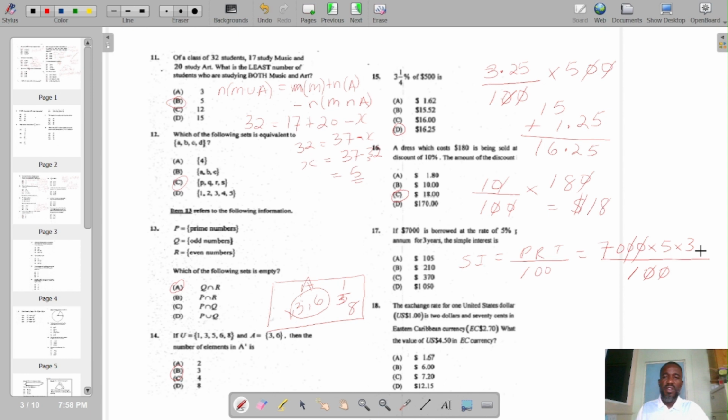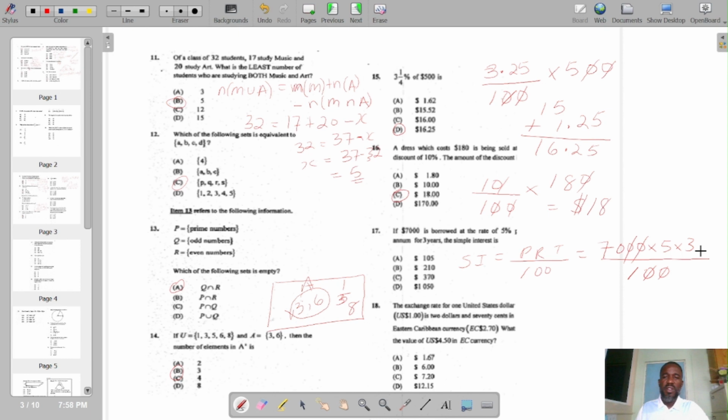The next question says the exchange rate for the United States dollar is $2.70 for Eastern Caribbean dollars. What is the value of $4.50 US in EC currency? Therefore, what we are simply going to do is multiply, and we're going to use the process of elimination here, because we know that $4.50 US, 450, multiplied by $2.70.